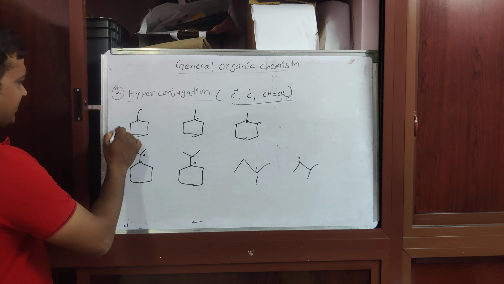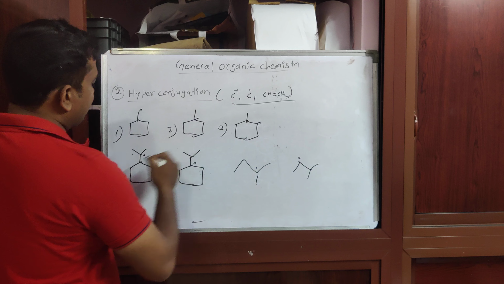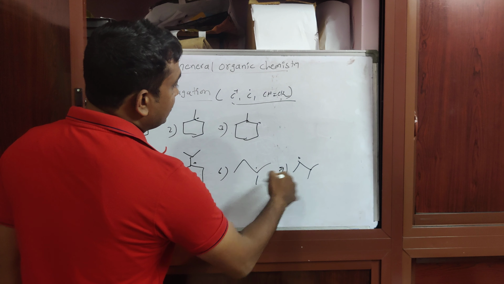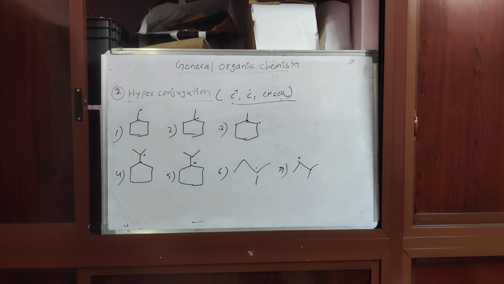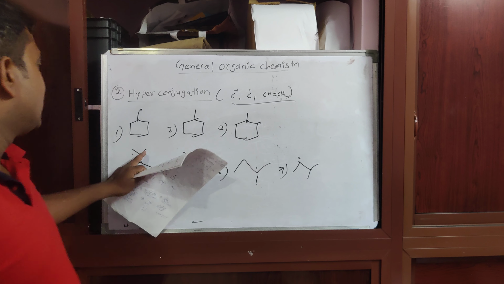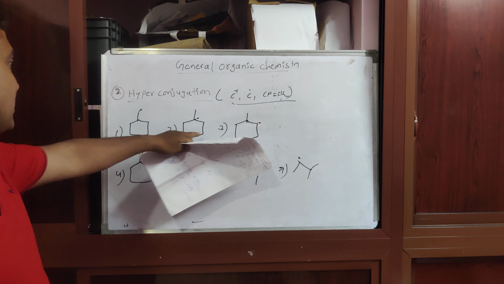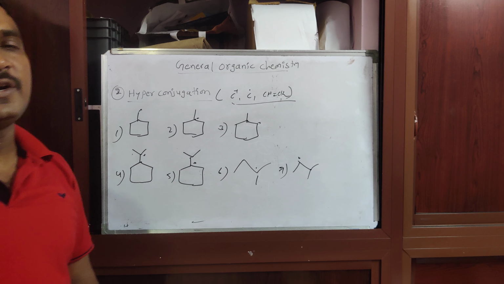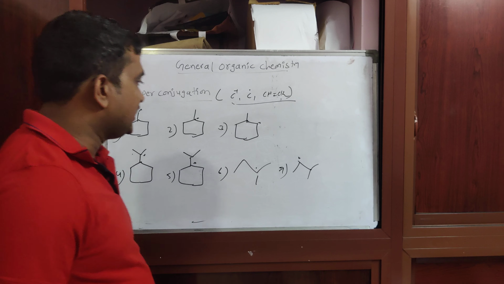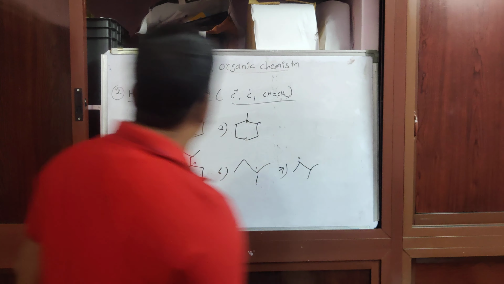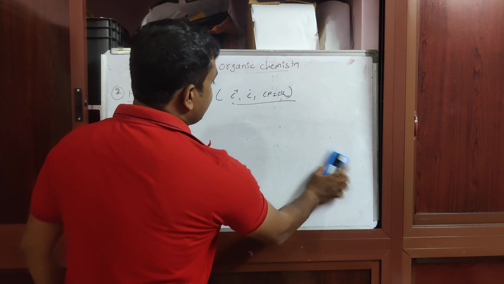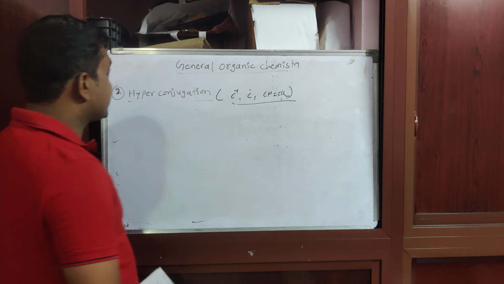I will give an example. We did the homework to calculate the hyperconjugation structures. The carbon adjacent to this carbon is called the alpha carbon. If you count how many alpha hydrogens the alpha carbon has, then you can easily identify the hyperconjugation structures of this molecule.